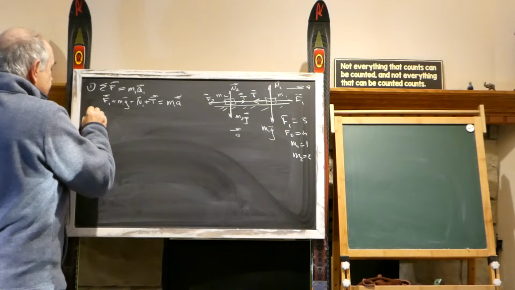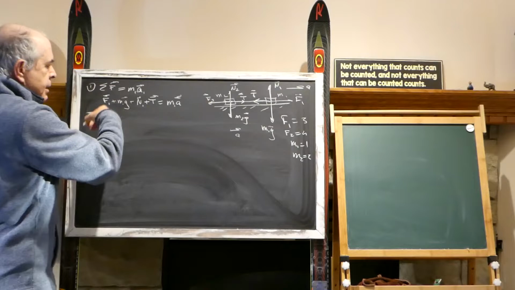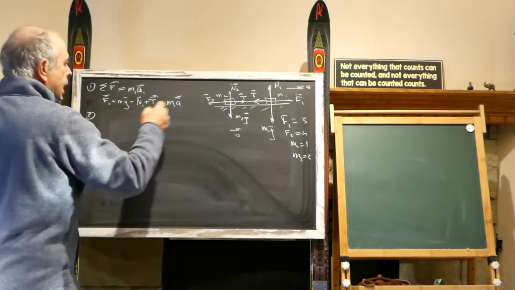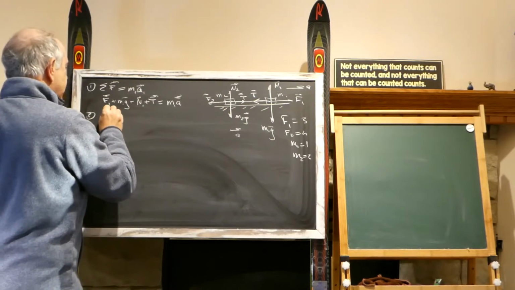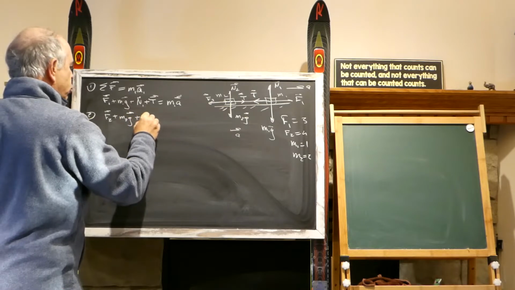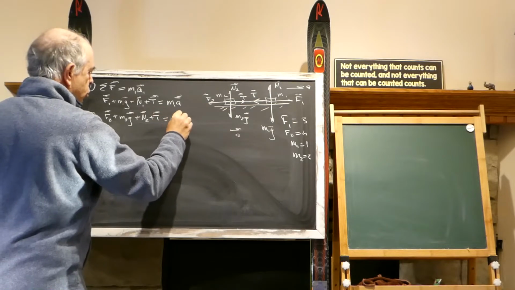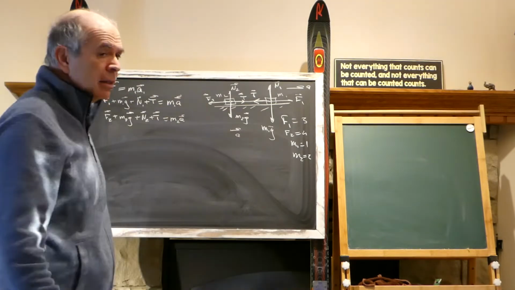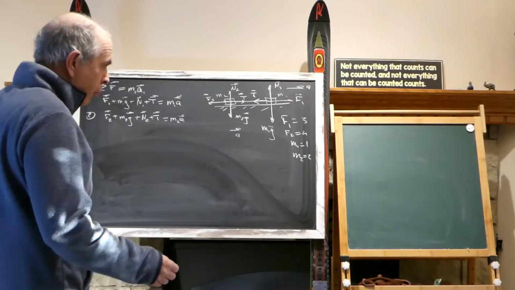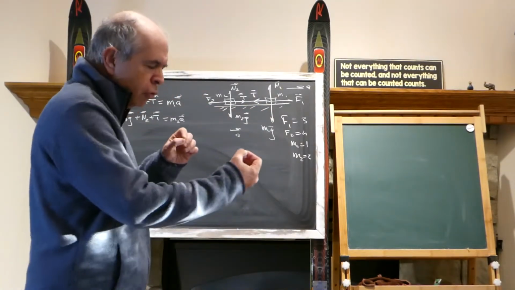I can put the second body here right away. I want to finish the physics first and not necessarily put the axes here. Second body has F2 vector plus M2G vector plus N2 vector plus T vector equals M2A, and A is the same vector, and that's the nature of the rope being non-elastic, that they move together like a system.